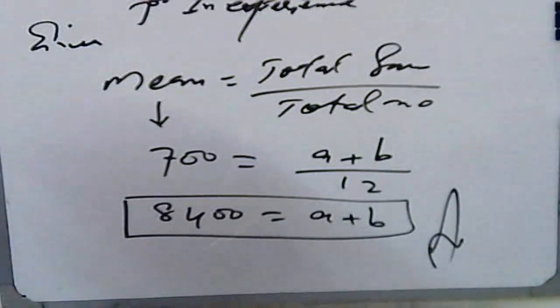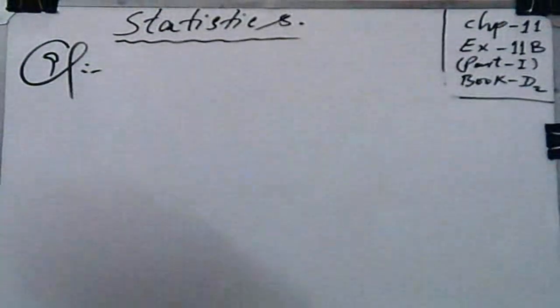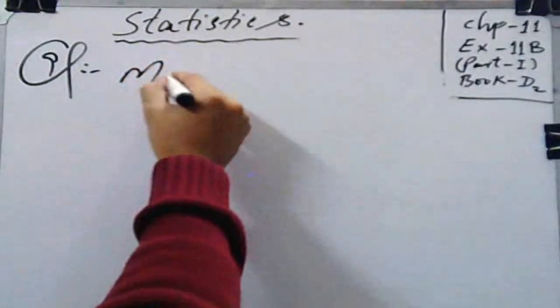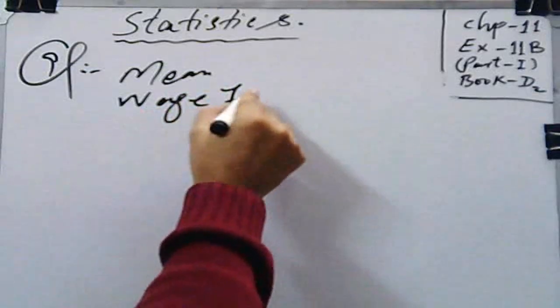But in the same question we have to find the mean wage also, mean wage for 7 we have to find. So coming to the another part of the same question, what should we do? So mean wage for 7 we have to find.